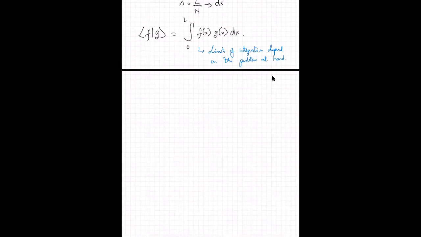In general, it goes from minus infinity to infinity. But suppose you have a particle in a box kind of scenario where the wave function is 0 beyond certain points, you can restrict your inner product between the points where the wave function is non-zero. Okay.